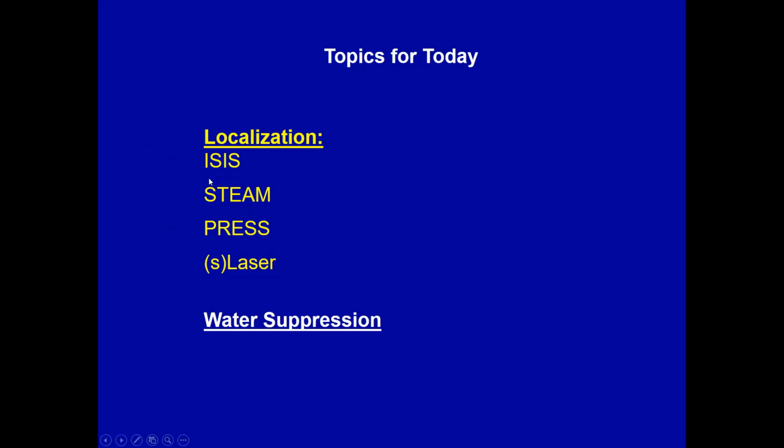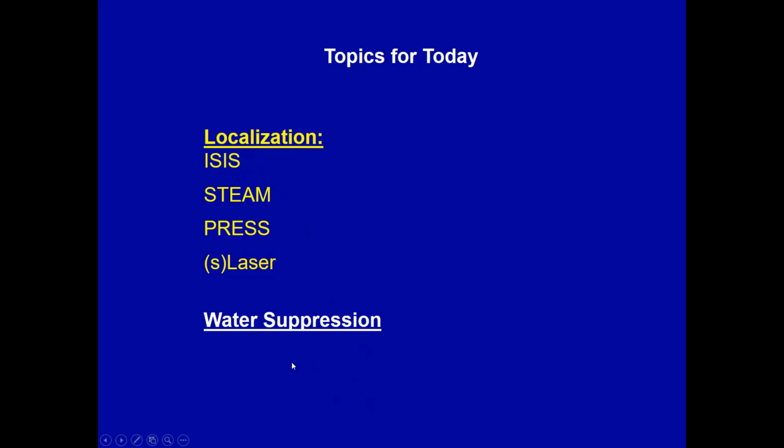You can also use ISIS with steam, press, or if you have enough power available, semi-laser. These will give you one-shot localization, but if it's still not isolating your signal well enough, you can combine any of them with ISIS. So ISIS can be tacked onto the front of whatever acquisition you want to do to achieve your localization.